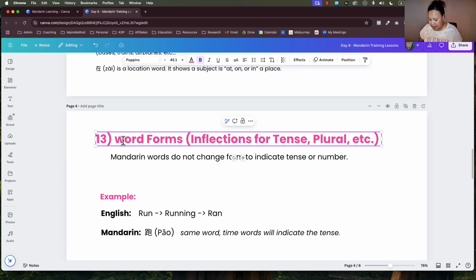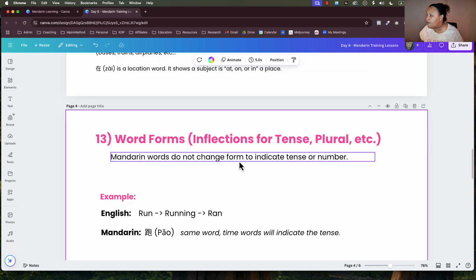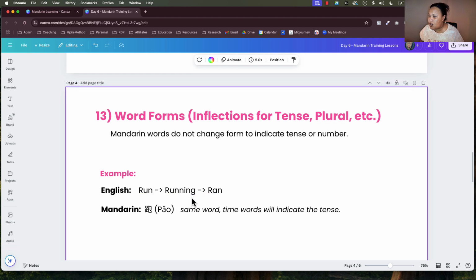Word forms, inflections for tense, plural, etc. Mandarin words do not change form to indicate tense or number. Run, running, or ran, either one. We know run, running, and ran already. They're running now.